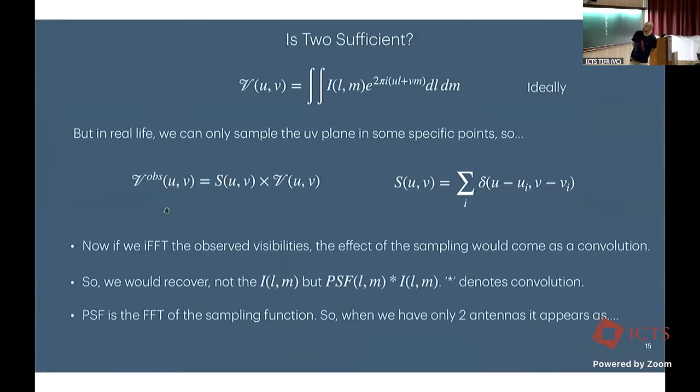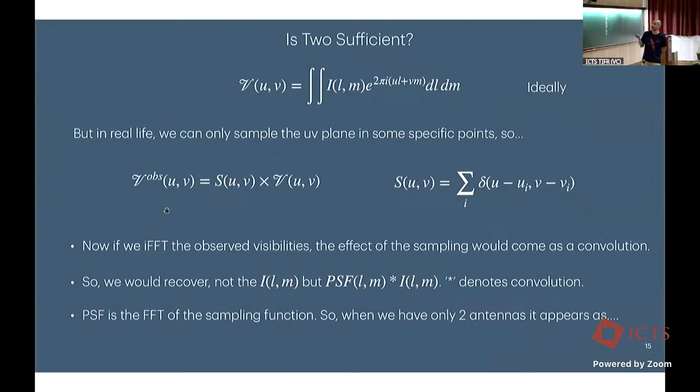Next question then is, for now we had a 2-element interferometer, but are we actually good to go with just 2 antennae? Well, with just 2 antennae, and say, in this case, just a monochromatic wave, all we get is 2 points on this UV plane because it's all frequency dependent, right?